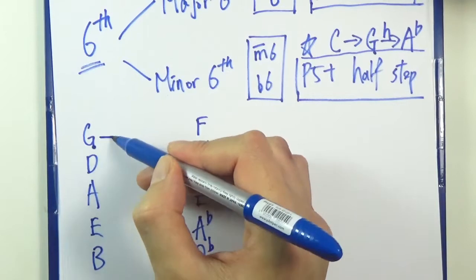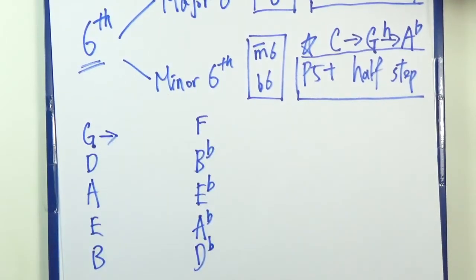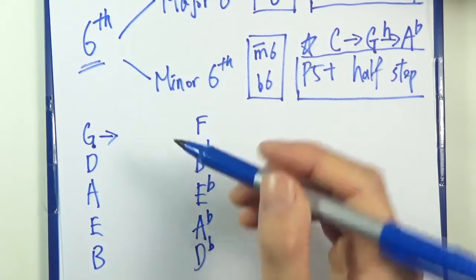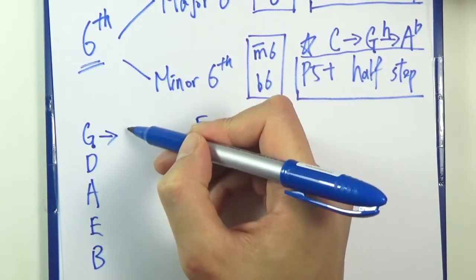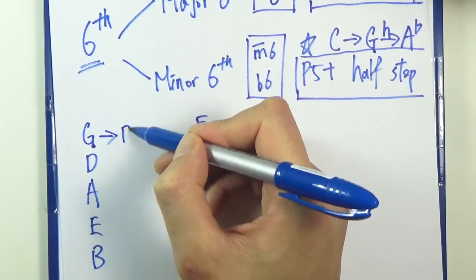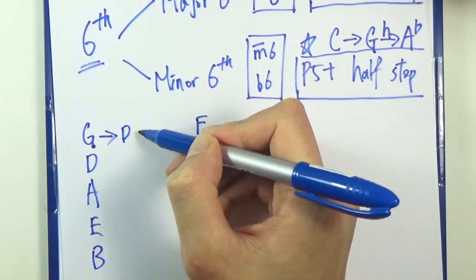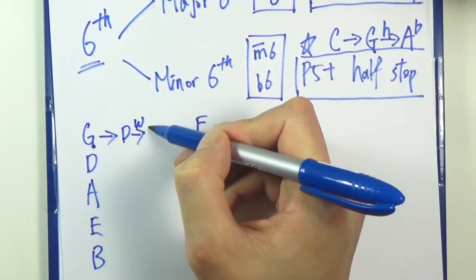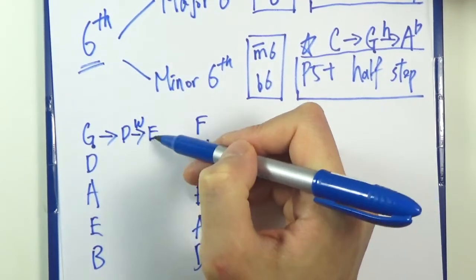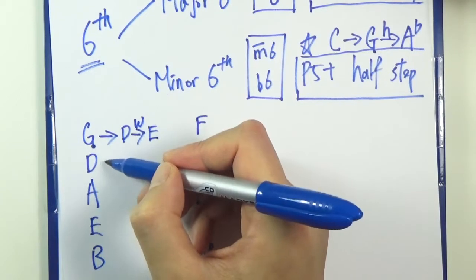So let's give them a try. Okay, minor 6. Okay, major 6. Okay, so G. You would go to D first, which is a perfect fifth. All right, so that's our intermediate step. And then you want a whole step here, so that should be E. So E is the major sixth of G. So I'm just going to do the same thing.